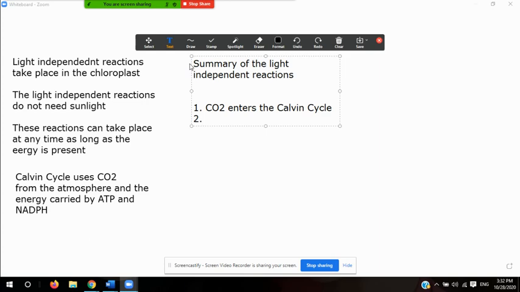The second step is that ATP and NADPH transfer energy to the Calvin cycle and keep the cycle going.